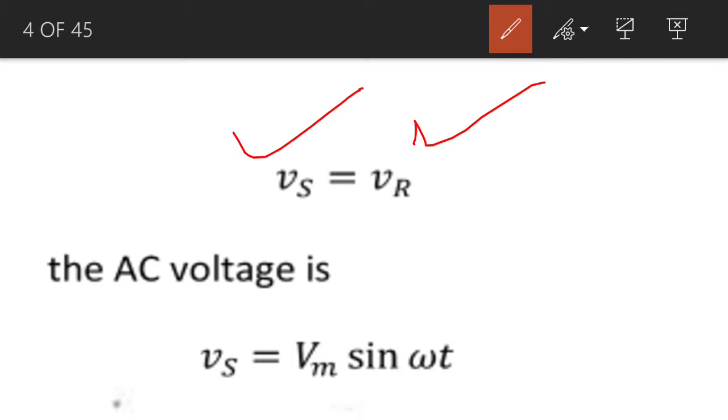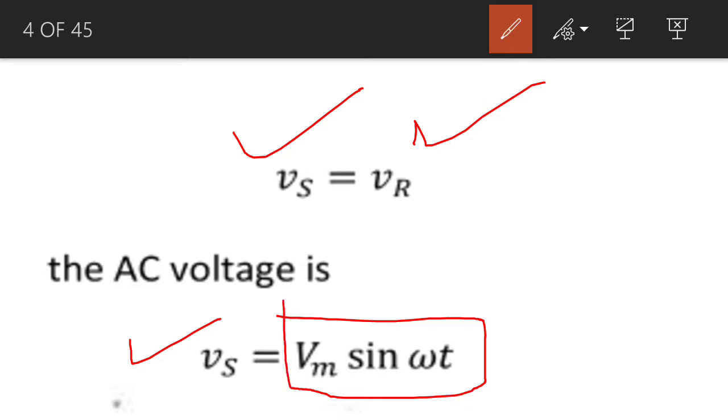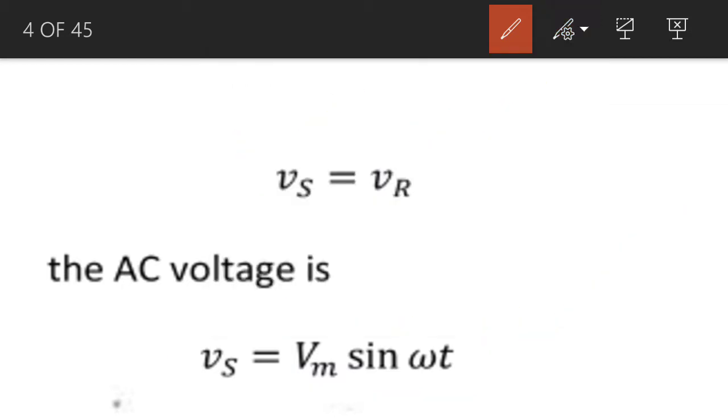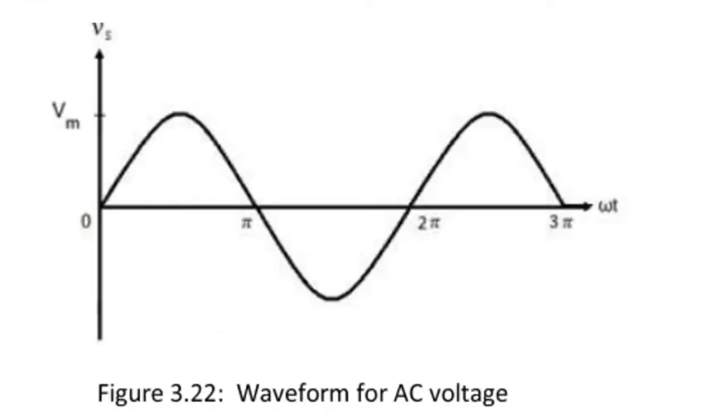And we know that the AC voltage across the source varies sinusoidally with respect to time. So here is the time varying equation for the AC voltage. We want to find out the AC current in this resistor.